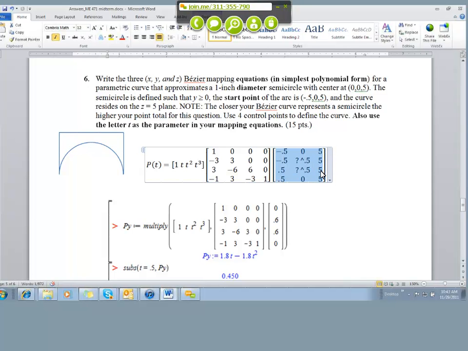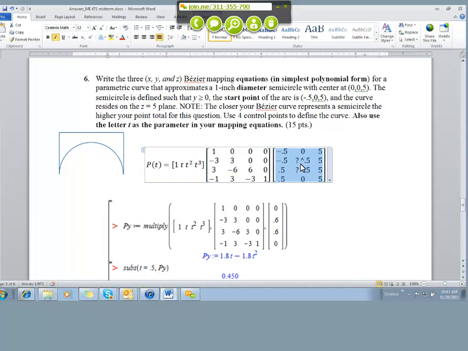Well, you could easily put in 5 and 5 for the z, and what I was hoping that you would remember is that the control vector from the first point to the second point defines the tangency at the beginning of the curve. And so this point up here, where my cursor is, has to be minus 0.5.